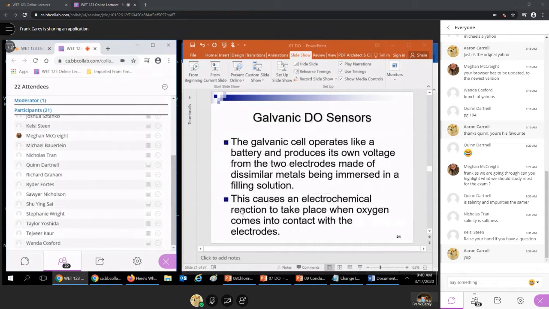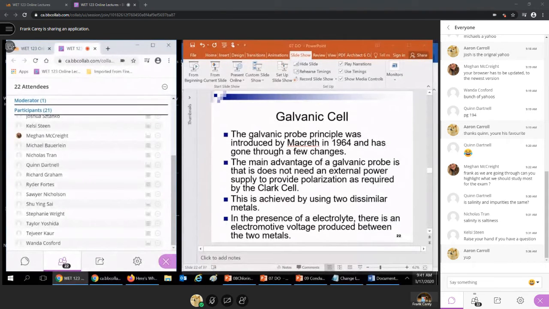So what you need to know about the galvanic, it acts like a battery based on the electrochemical reaction. So there's a reduction happening inside based on the amount of oxygen and the solution.